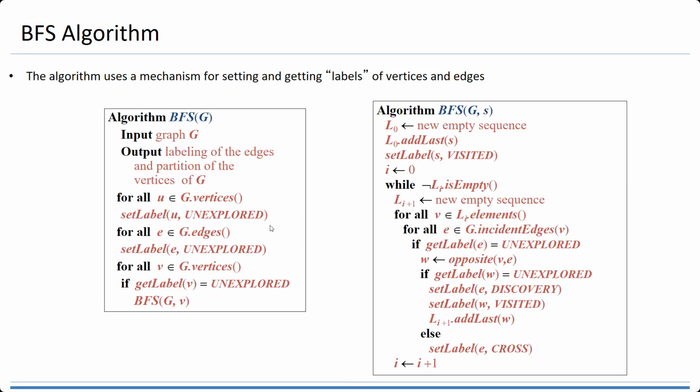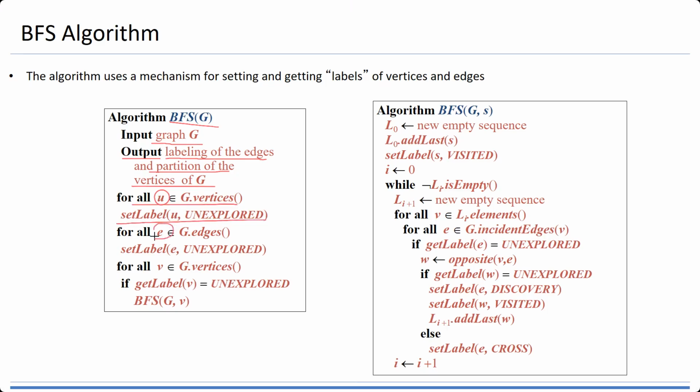Now, this is the algorithm of BFS. At the first, for the BFS, we have a graph, and the output is the labeling of the edges and the partition of the vertices of G. So let U be all the vertices from the graph, and set them as unexplored.